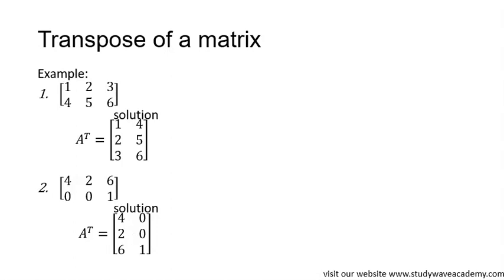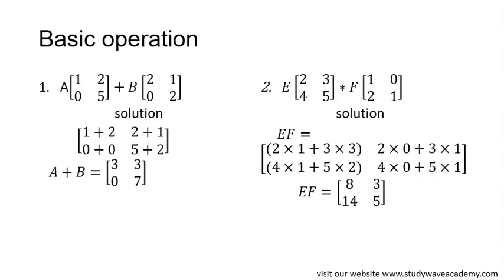Okay, good. So now let's look at some basic operations in matrix. We have matrix A here and matrix B. We have to add them together. So how do we add this together? You take from matrix A plus the next in matrix B, that is the first row and the first column. This is the first row and also the first column. The first row plus the first row in the B matrix, okay.